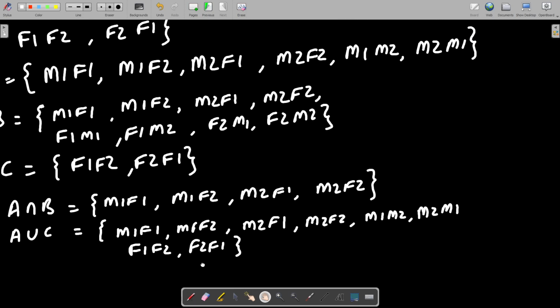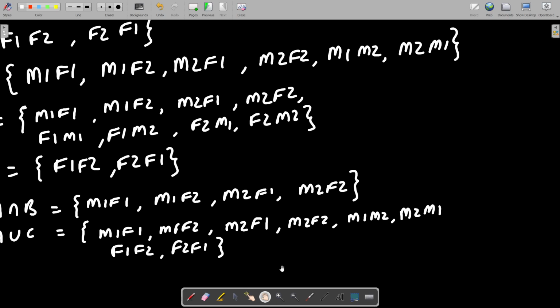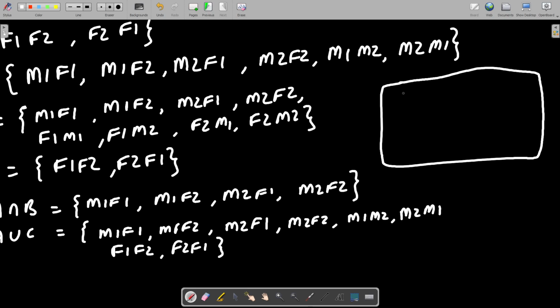Yeah, so how will the Venn diagram look here? The Venn diagram, the last question's answer, will be like this. A and B, they have something common, right? They have 4 elements common. So A and B. Okay, so A, B. What about C? It has to be isolated because it has nothing in common.